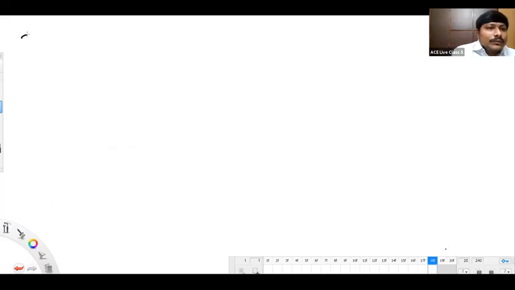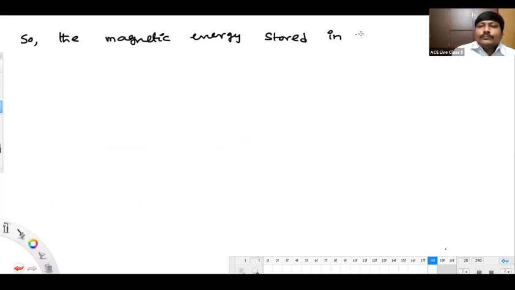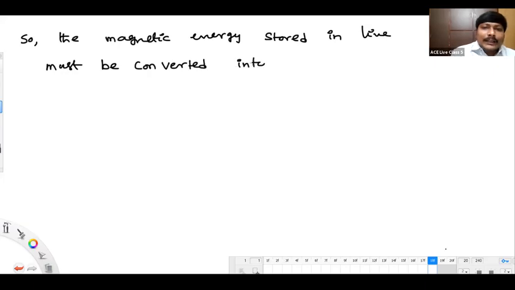The magnetic energy stored in the line must be converted into electric energy, right?